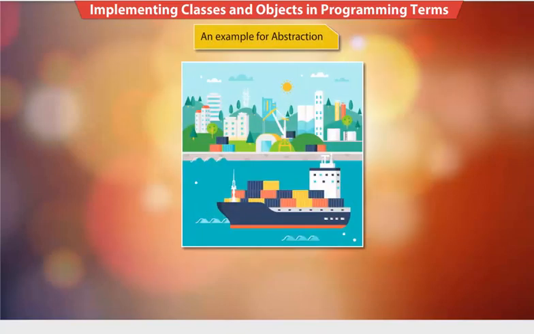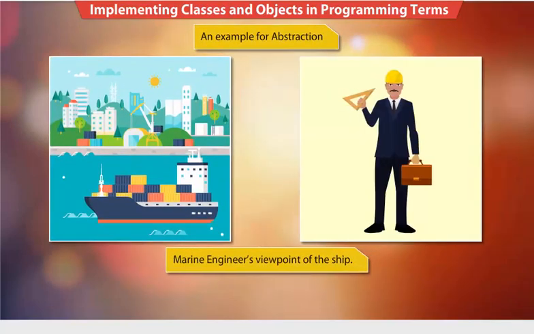Let us take another example of a ship and the various viewers at different perspectives. A marine engineer who takes care of constructing a ship may look at a ship from different perspectives. He may look at the structure and framework of the ship.